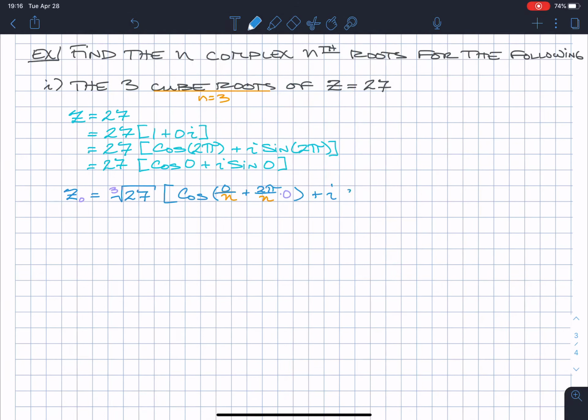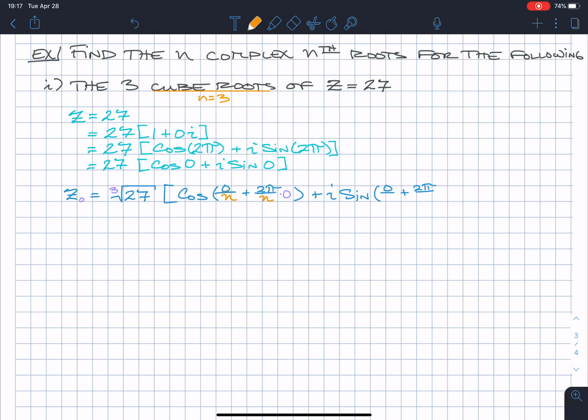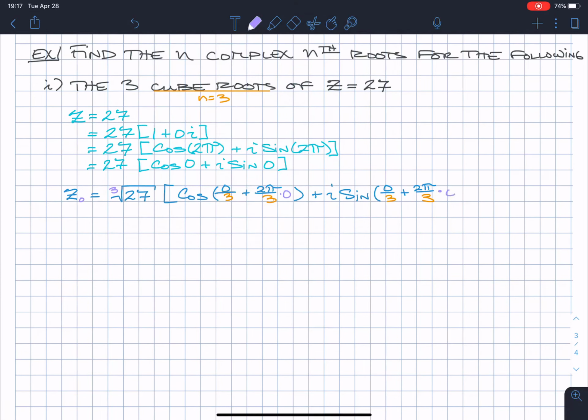Plus i times sine of 0 over n plus 2 pi over n times 0. And our n, oh shoot, what did I write? N, it's 3. Because that's what n is for this problem. And this is our first root, so we always start k at 0.